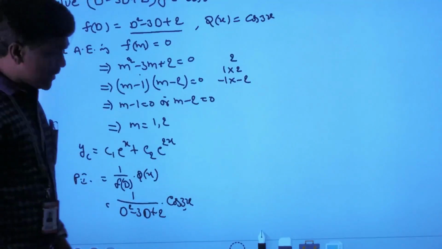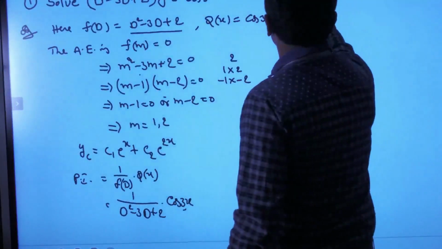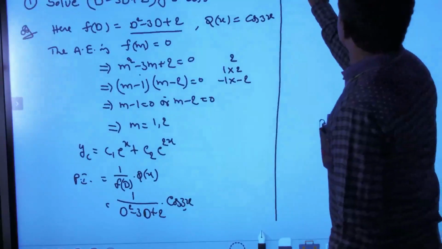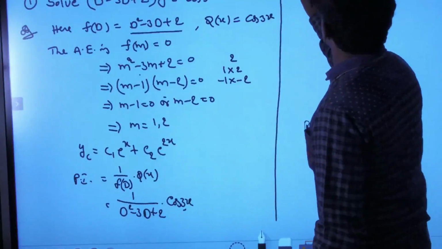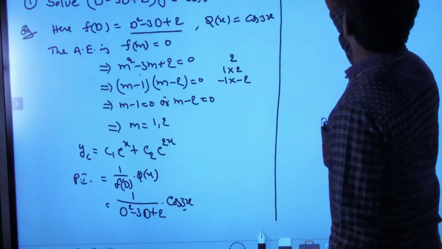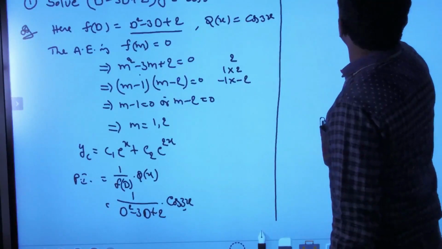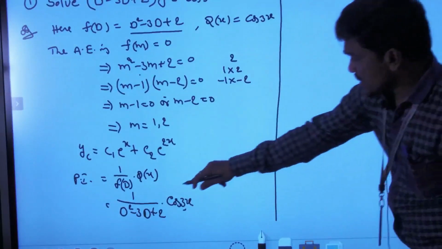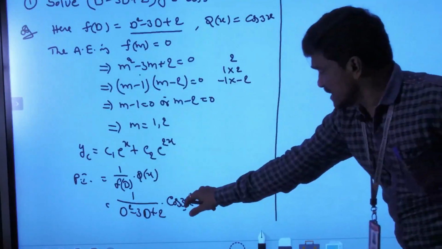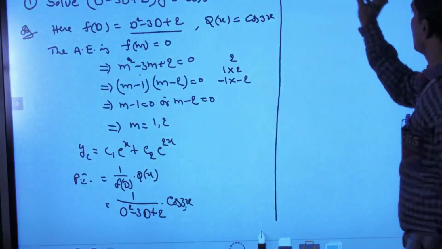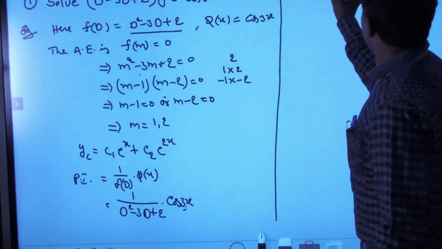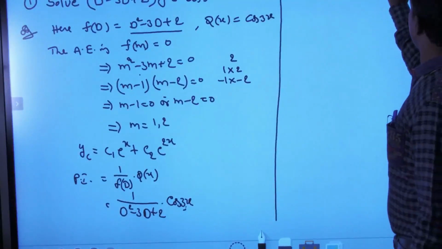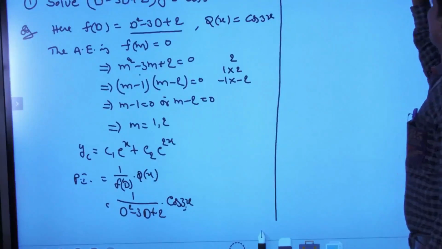So the particular integral yp is 1 by d square minus 3d plus 2. Replace d square with minus 9 in this case: minus 9 minus 3d plus 2, into cos 3x.